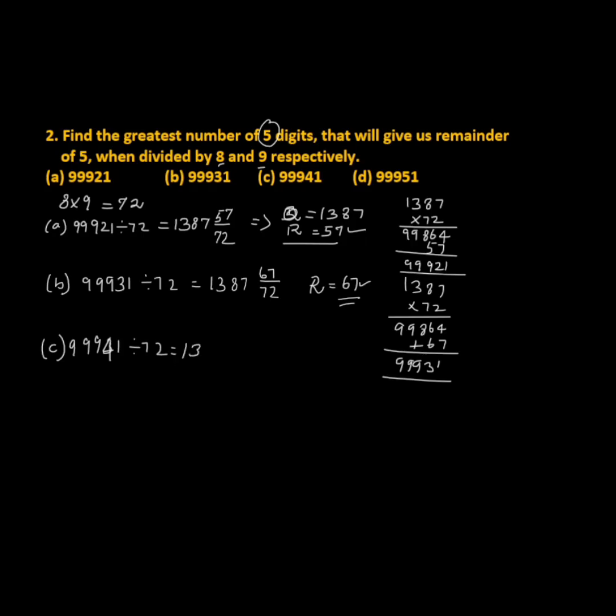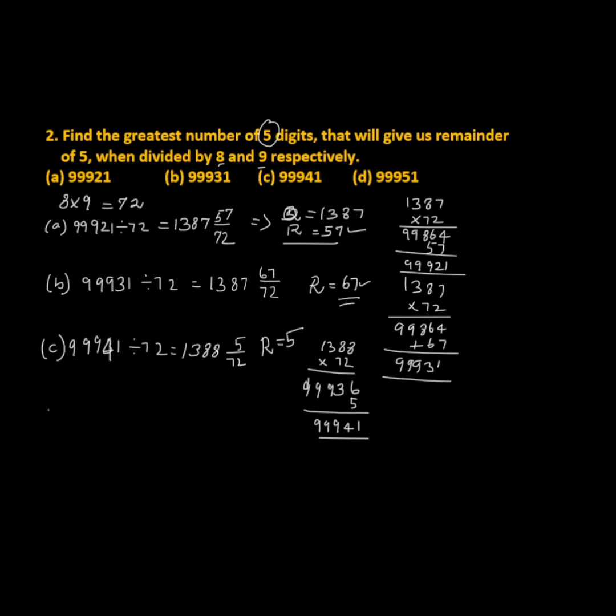So the quotient here is 1388, and the remainder here is 5 by 72, which means the product 1388 into 72 gives 99,936, plus 5, we are getting 99,941. So here we are getting remainder 5.